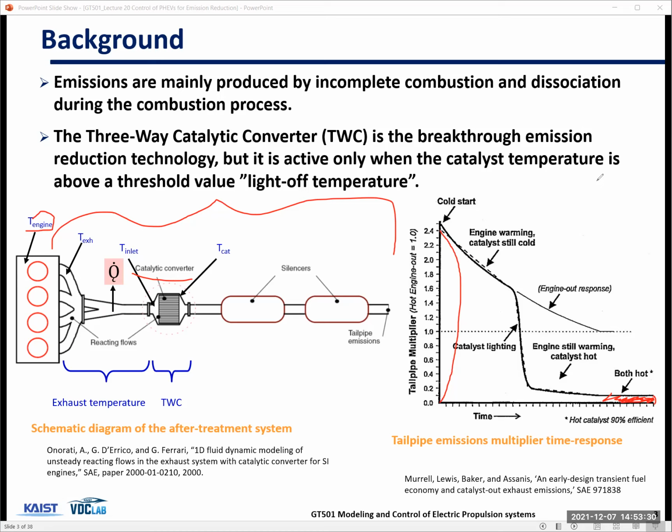And as soon as you start the engine, you have this combustion inside of the engine, and that combustion is going to start warming up the engine, right? When the engine becomes warm and the cylinder wall becomes warm, the engine out harmful emission decreases.